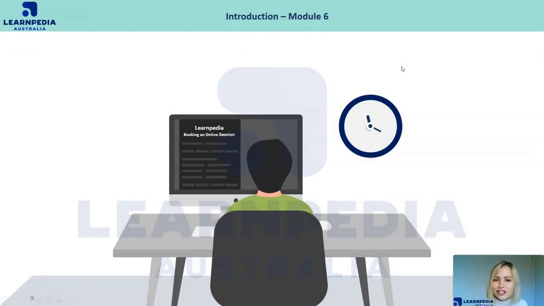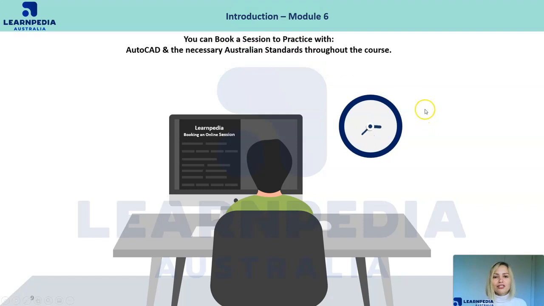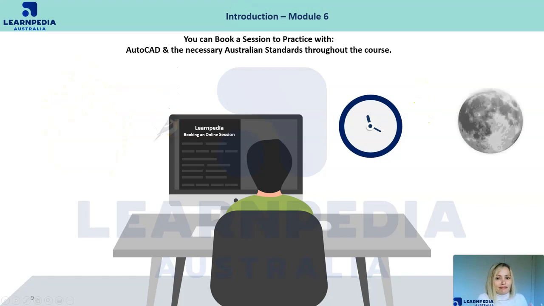Now, how can you have access to these software packages? You can book a time if you're an early bird, or if you work better at night, or if you have work during the day and you can only practice at night. It doesn't matter.